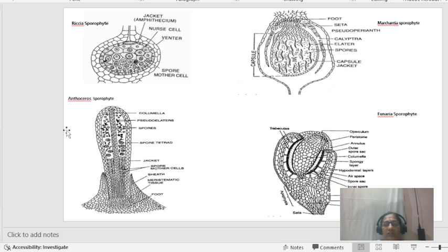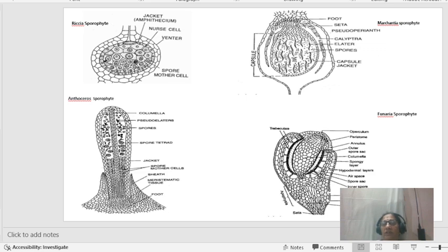So this is the structure. You can see the Riccia capsule, where within the archegonium, the venter has the zygote developing the spore mother cells and developing the capsule. In the case of Marchantia, there is a foot, seta and the capsule having the elaters, with the calyptra.